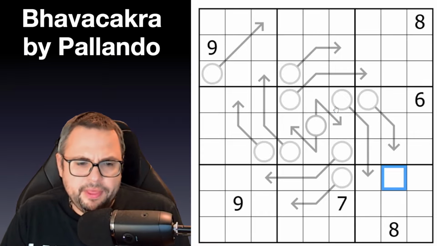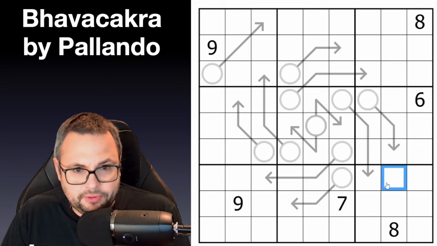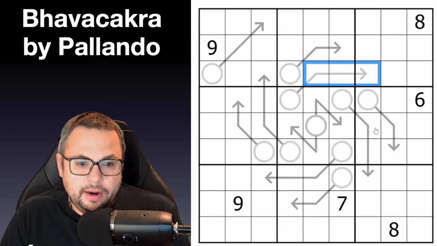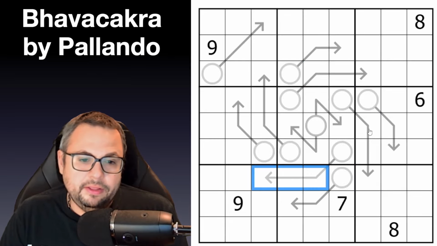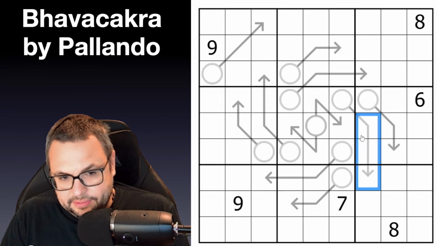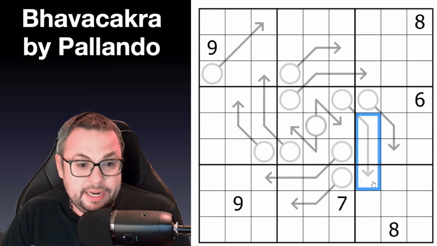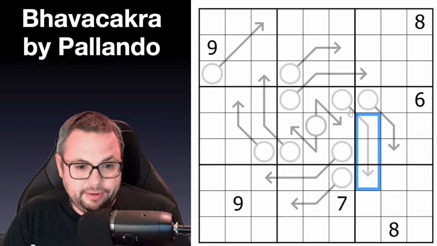Now, a couple things jumped out at me while I was getting the camera set up. One of them is that long arrows generally have to have a fairly large sum, because if you have 3 digits in a Sudoku puzzle, the smallest they could possibly be is 1, 2, 3, which is already as big as 6.